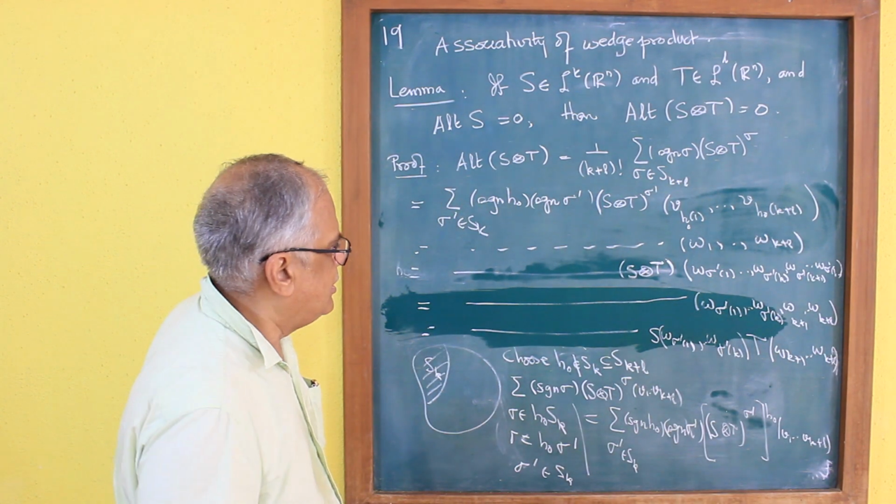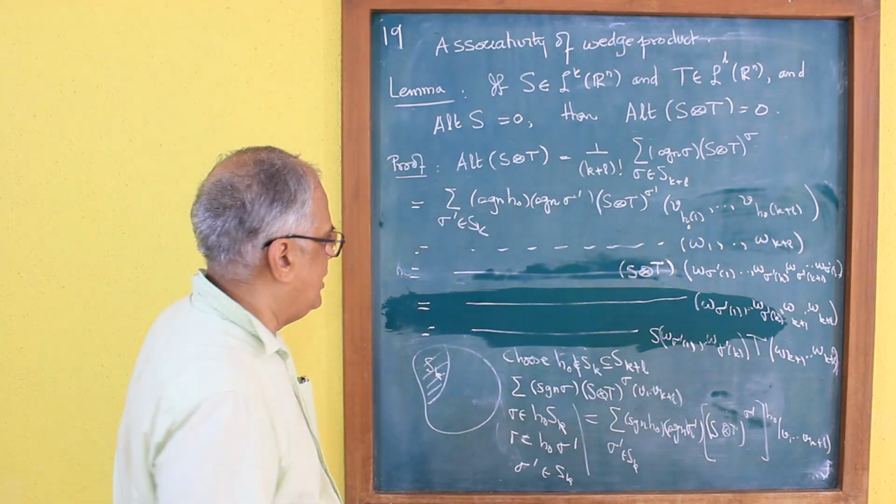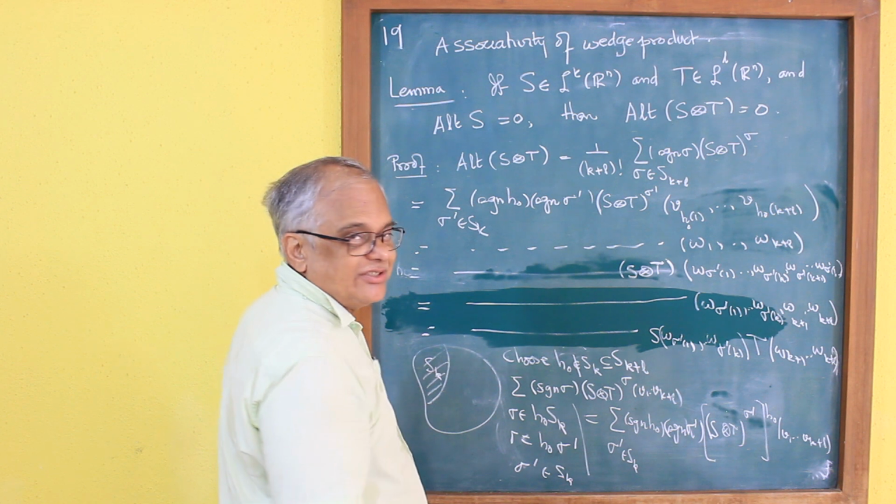And in this sum, this quantity is independent of sigma prime. Therefore, I can pull it outside the summation sign.